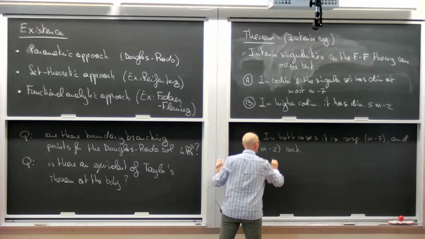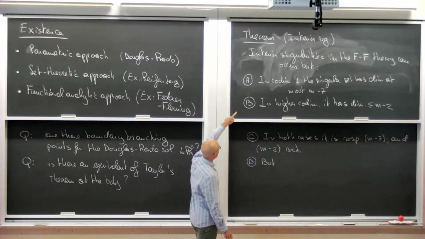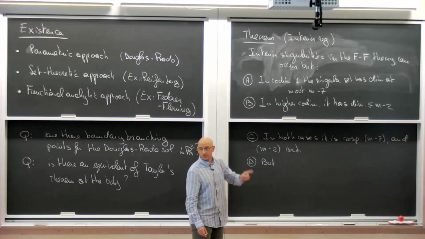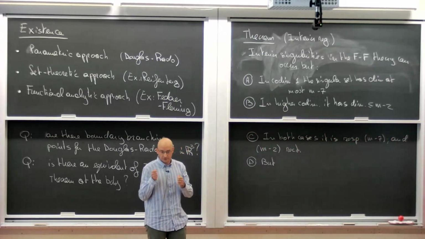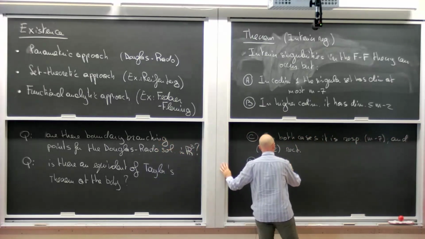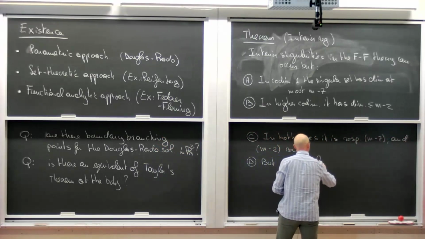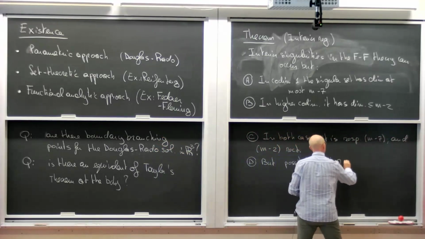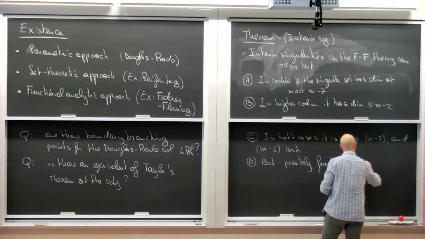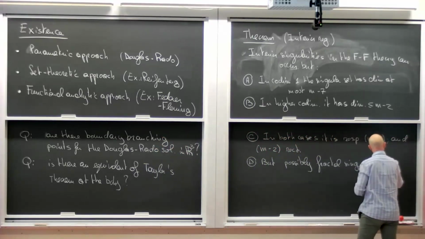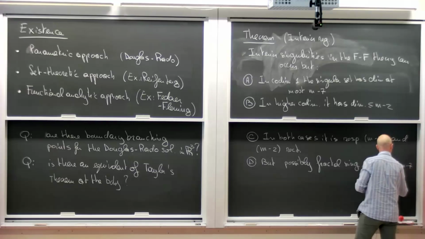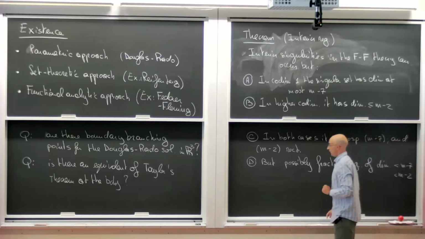But certainly in the case of higher codimension, there might be fractal singularities, and there are very strong suggestions that there might be fractal singularities even in codimension 1. So let me just say, possibly fractal singularities of lower dimension occur.